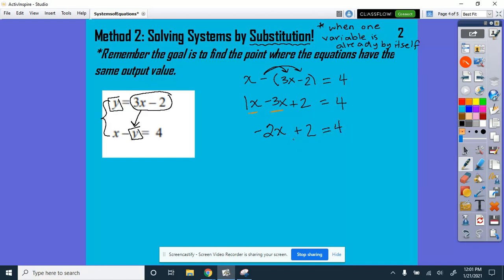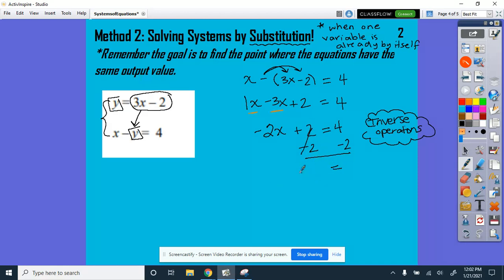Let me go ahead and solve this equation. Remember, we're going to use our inverses. Inverses mean opposite. We're going to use our inverse operations to undo everything. So I'm first going to subtract 2 from each side.